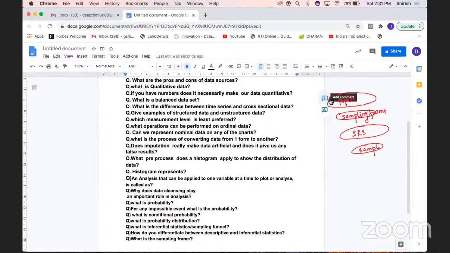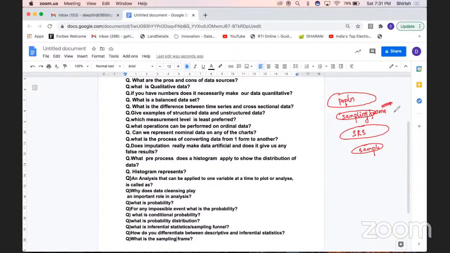So there should be some condition applied on the sampling frame so that each and every data point is considered unique. When every data point is unique, then only can we define probability.